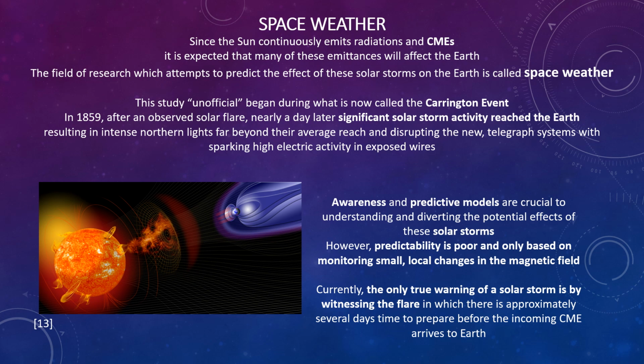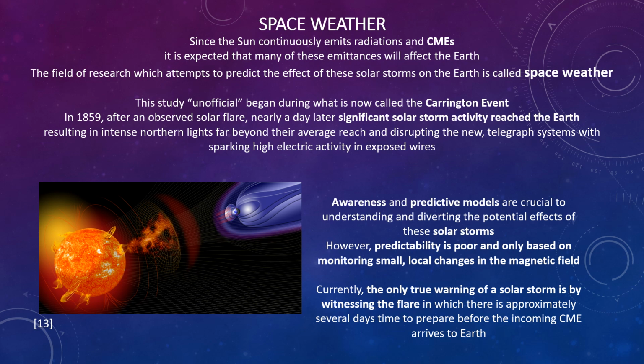So now our world is much more technologic and much more dependent on electronics. So being aware and having models to predict when there are going to be significant events is crucial. However, predictability is poor and is really only based on monitoring small local changes in the magnetic fields from monitoring sunspots and emissions.